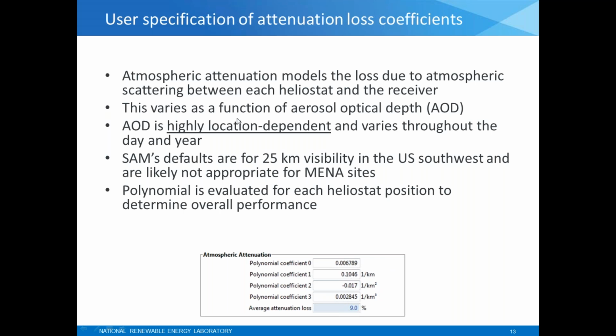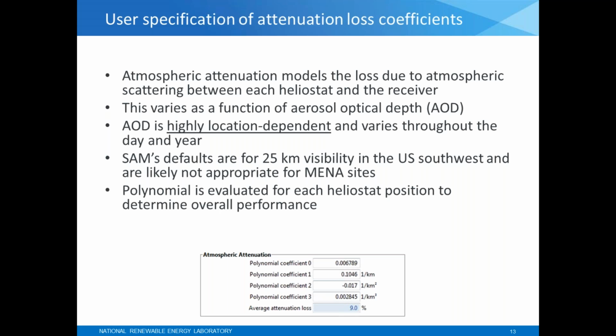So normally you would see that aerosol optical depth would be the main driver, and this can vary, as I said, by location and by time of the year. So at the moment we've just got a static derate, so you'd have to take some average if you wanted to understand what the impact is. We, by default, assume a 25-kilometer visibility, and then for that visibility, there are certain coefficients that go along with it.